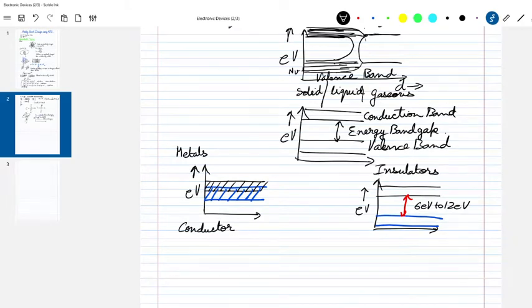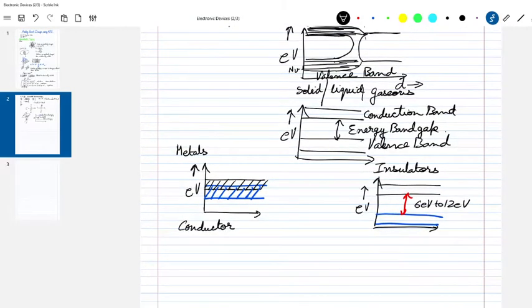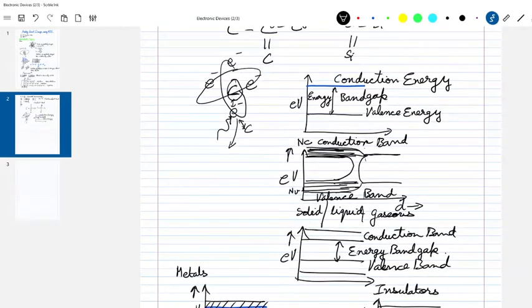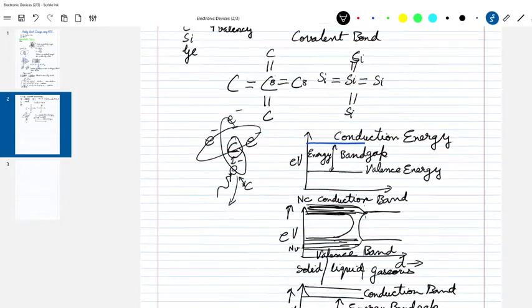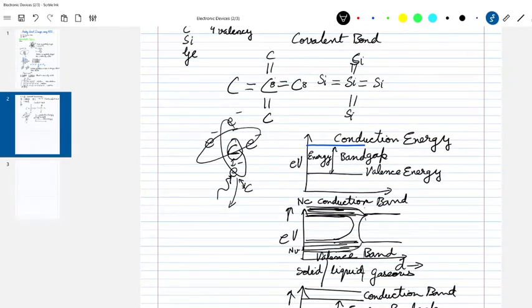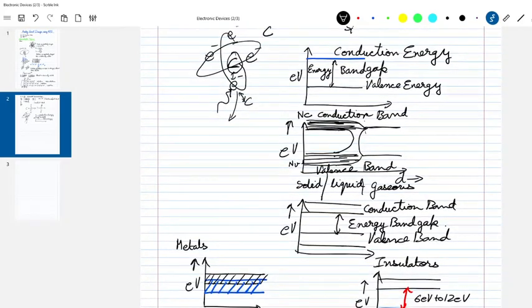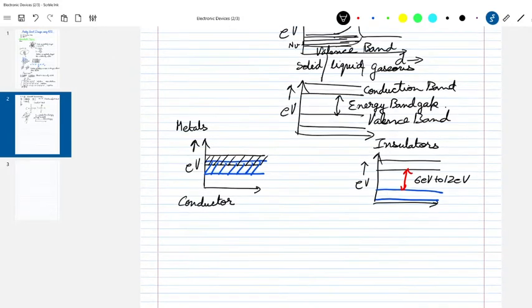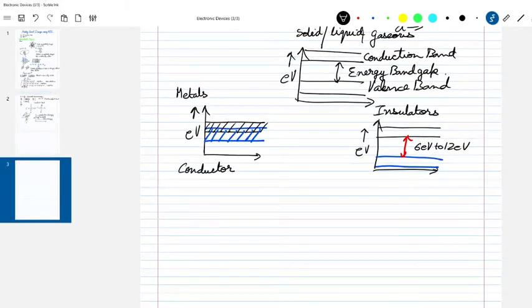The electron will be available for conduction, and what will be left out, for example in a covalent bond, is that one of the contributions is missing, so that can be treated as a hole. We will talk about this later on, but this gap is too large.